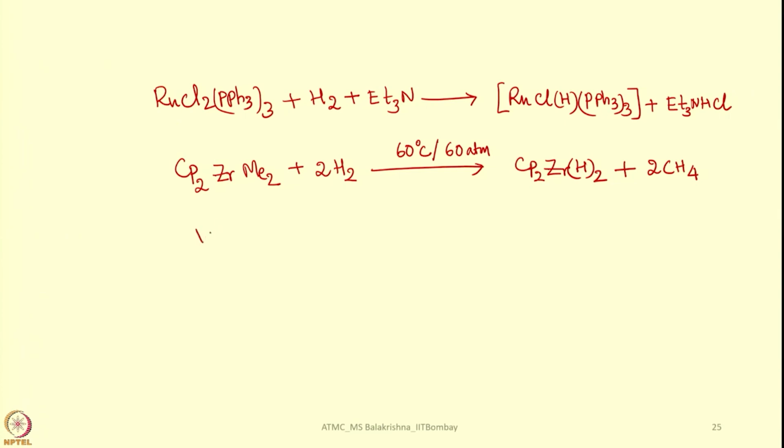Similarly, if we take hexamethyl tungsten and treat this one with hydrogen in presence of a phosphine, which is trimethylphosphine, here 1 atmospheric pressure of hydrogen is sufficient.